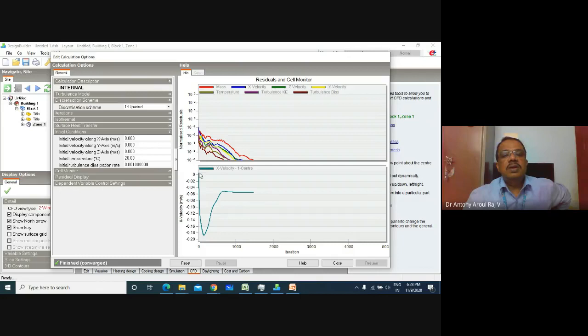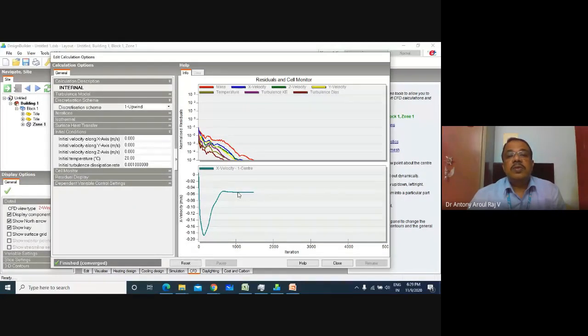From 0 it is iterating, so it is fluctuating. The value goes down and again rises, and even after that you do not have the correct value. Then it comes down and stabilizes. Now the velocity is about minus 0.006, but it is not varying with respect to iteration. Only then can you say that your solution is converged.